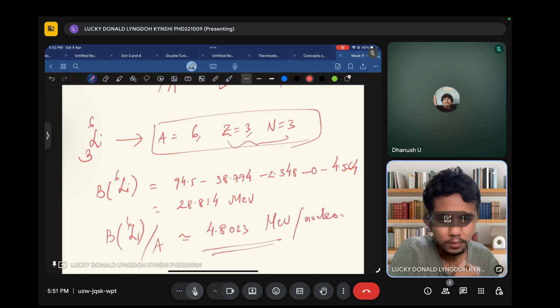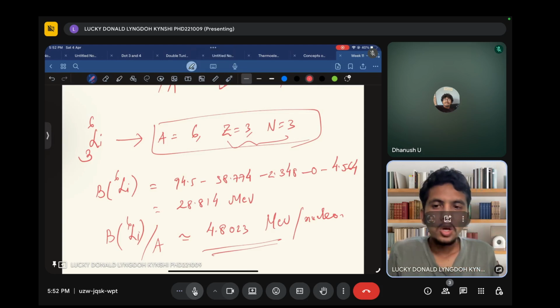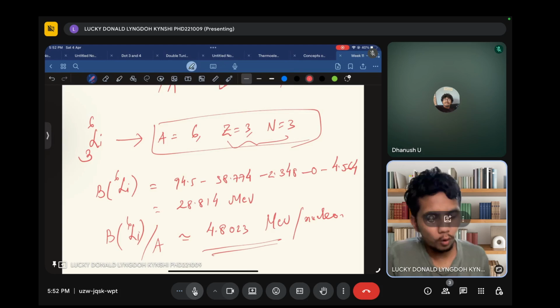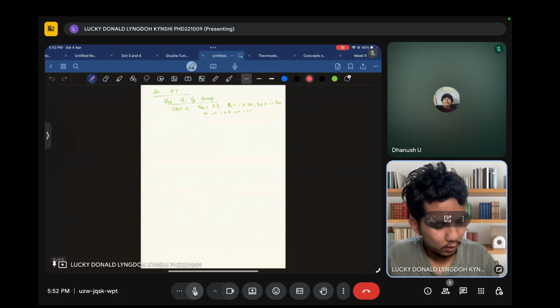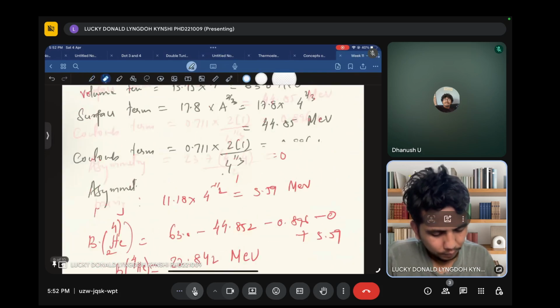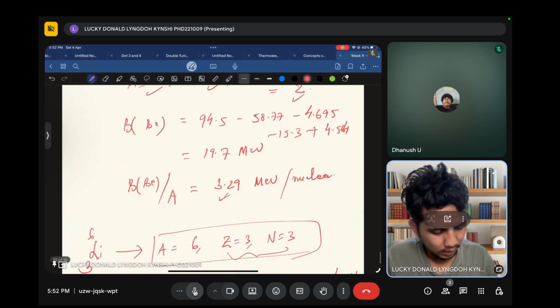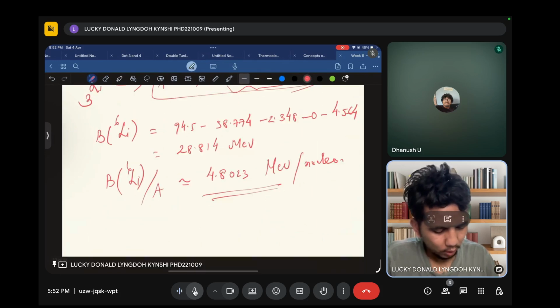So if you compare the binding energy per nucleon of the three nuclei, lithium, beryllium, and helium, you will see that your helium has the most binding energy, which corresponds to 5.71, then comes 3.29, then comes 4.8.